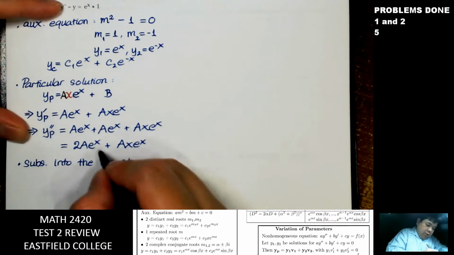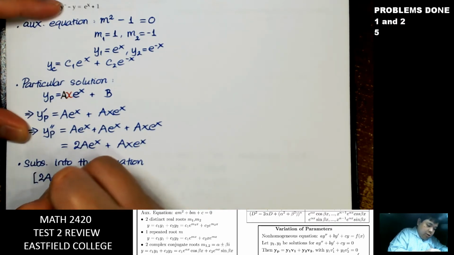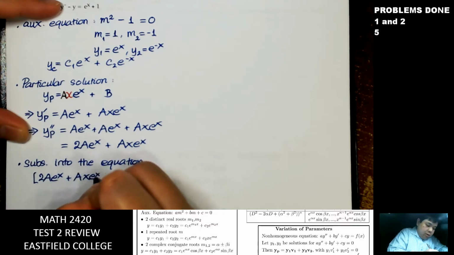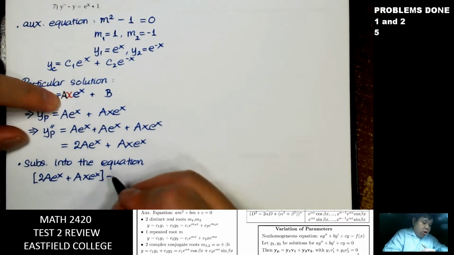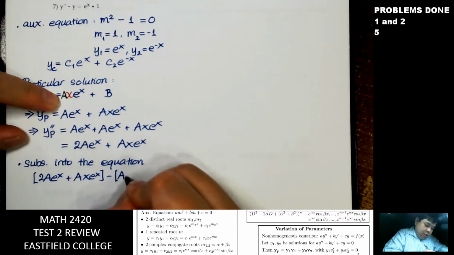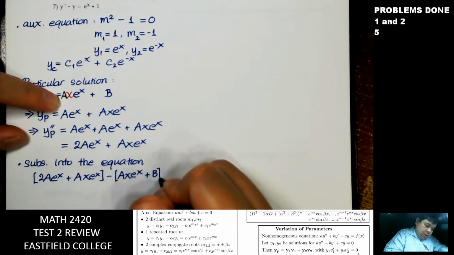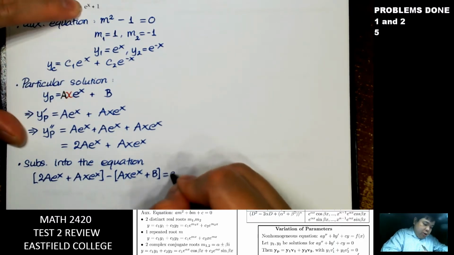So we have the second derivative, which is this, minus the function. The original function is this, equal to e to the x plus 1.